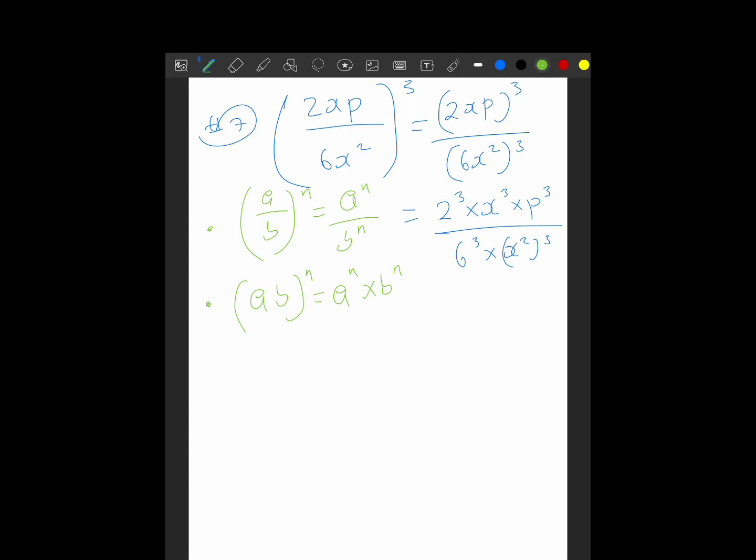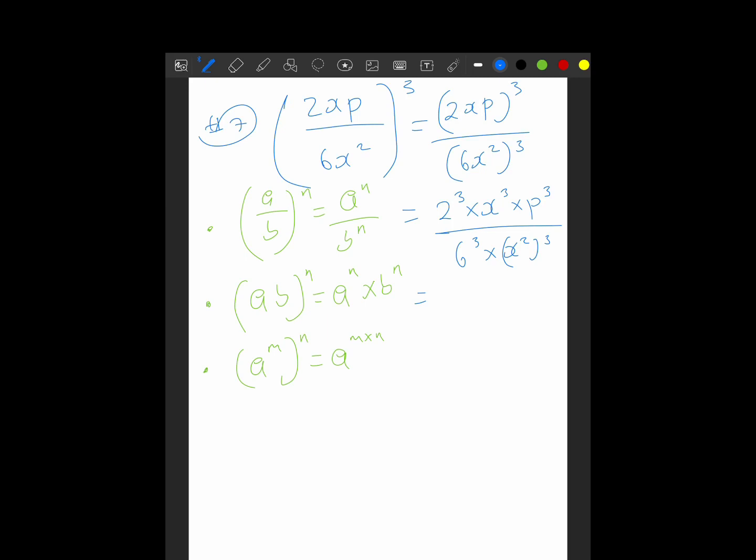And another one: if you have a power m, all power n, this could be written as a power m times n. So we know 2 power 3 is 2 times 2 times 2.